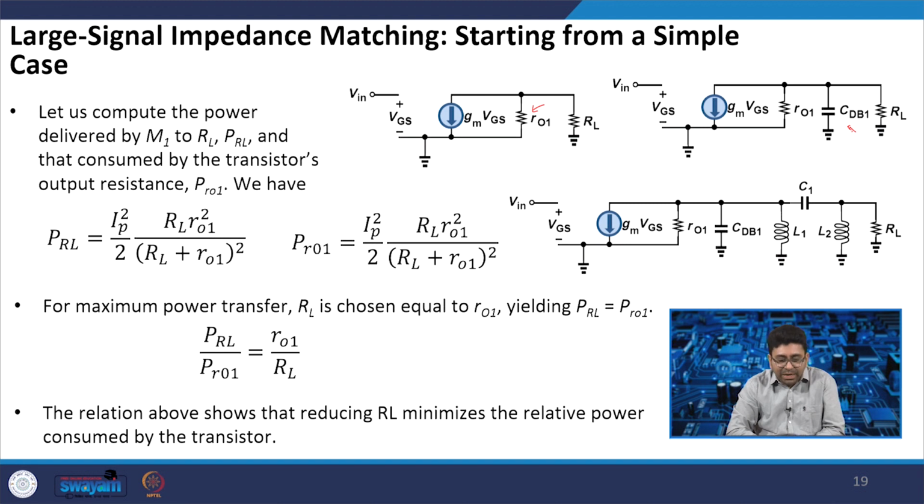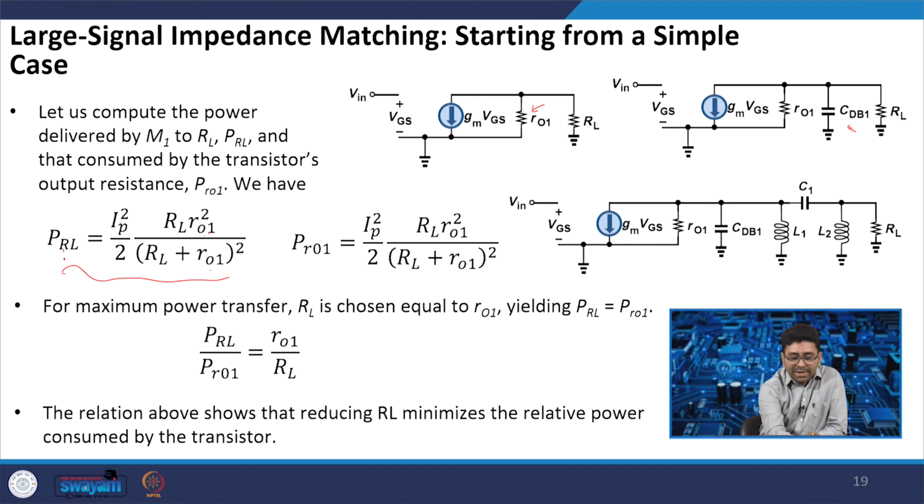and that consumed by the transistor output resistance, PRO1. The output power PRL is IP square by 2 RL, and by the voltage division rule, RO1 by RL plus RO1, whole square.